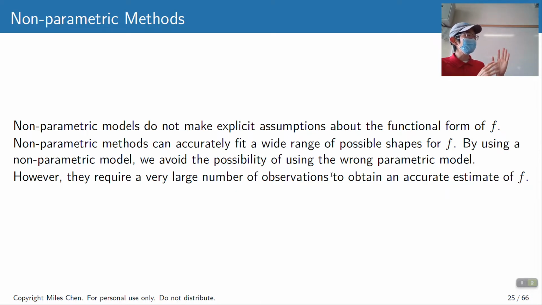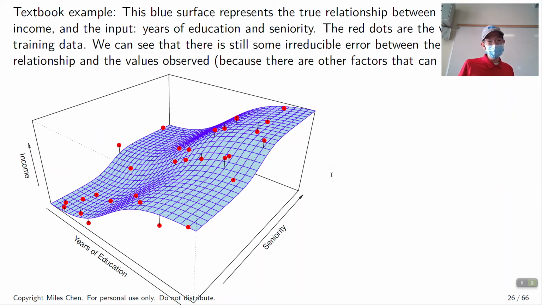And if you have multiple apartments that were all 600 square feet and multiple apartments that were 650 square feet, you can probably get an even better estimate of that true relationship, okay? So non-parametric models require more data, but you won't use the wrong functional form.